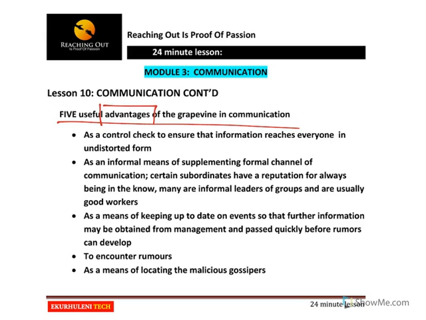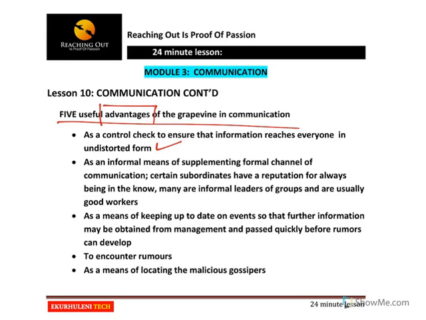The first advantage is that it is used as a control check to ensure that information reaches everyone in undistorted form. The second advantage of a grapevine is that it is used as an informal means of supplementing formal channels of communication. Now, certain support nets have a reputation for always being in the know.